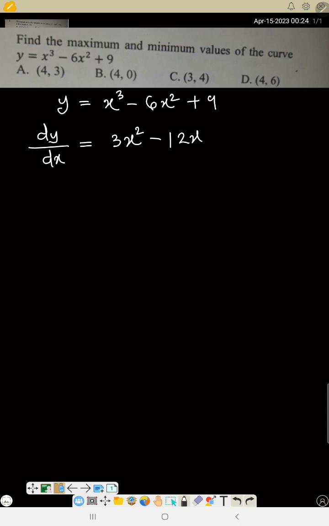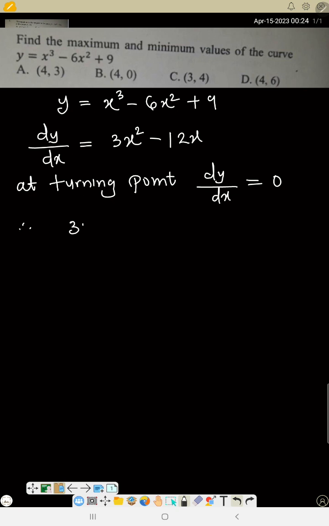So 3x squared minus 12x. So at turning points, dy/dx is equal to 0. So that means 3x squared minus 12x will equal 0.